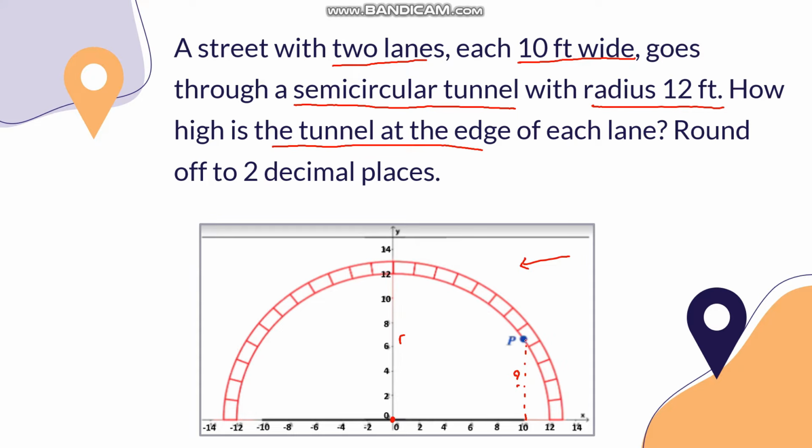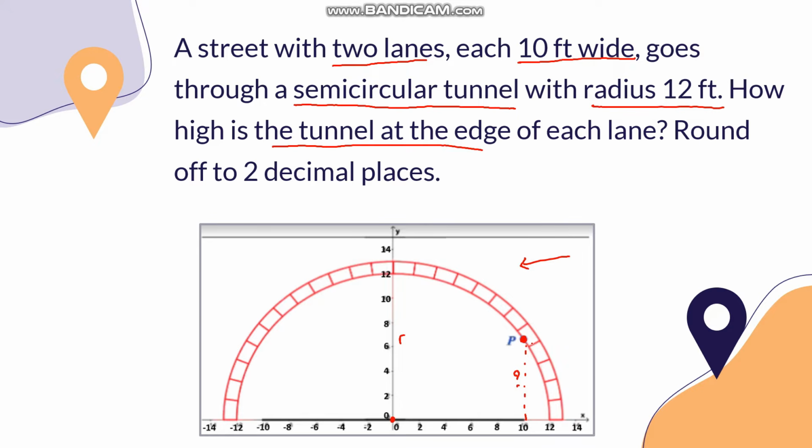Let's say we have this point P, which represents the edge of our tunnel. You can get a point from our semicircle that will help us solve this problem. This point P represents the height of the tunnel at the edge.